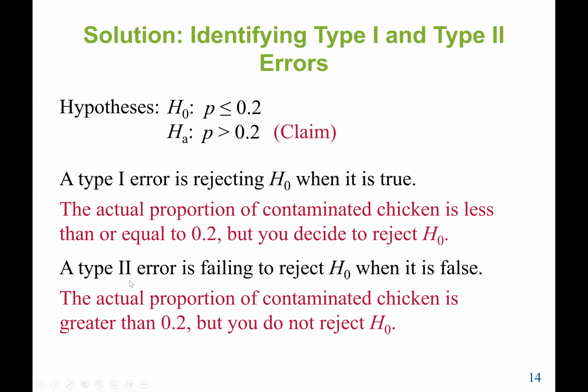So that would be more dangerous. Type 2 error is failing to reject HO when it's false, and type 1 error is rejecting. If you are rejecting something, whether it's good or bad, it doesn't have much effect. But when you're accepting something and it's bad, then it has a bad effect.